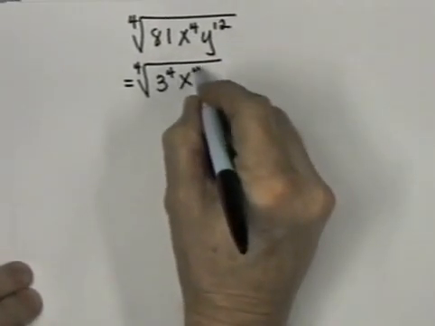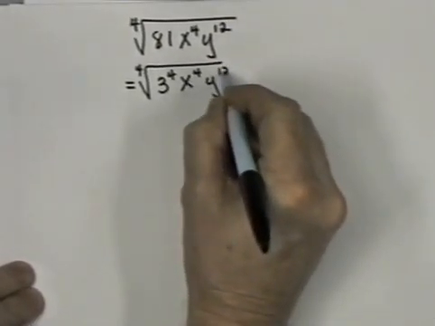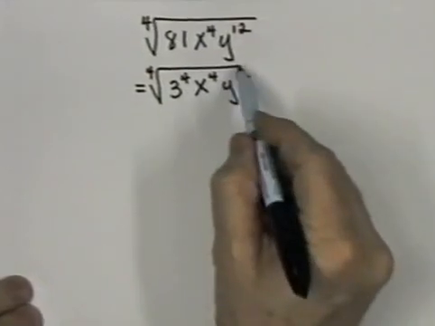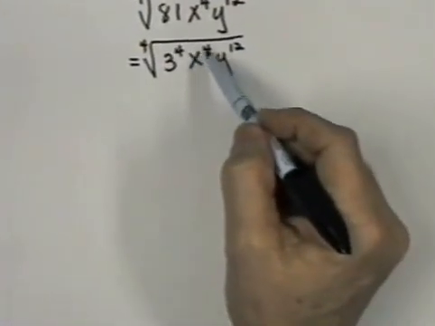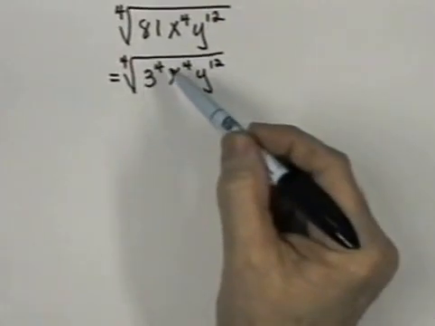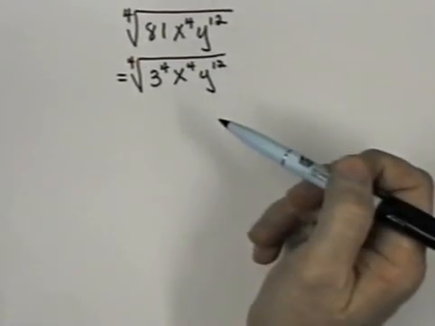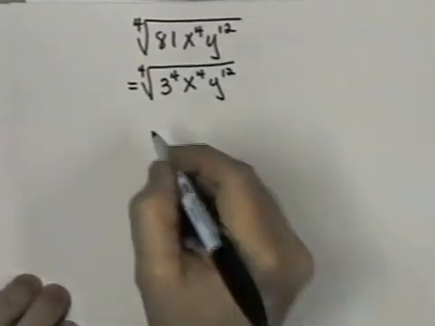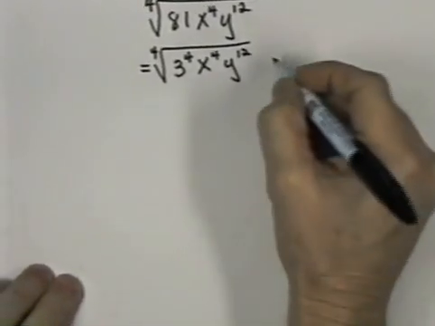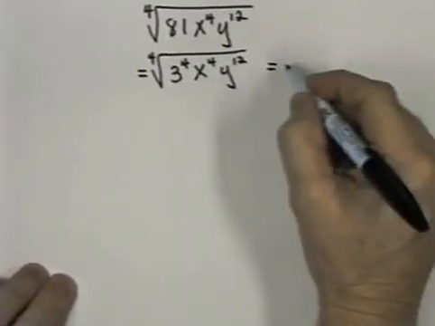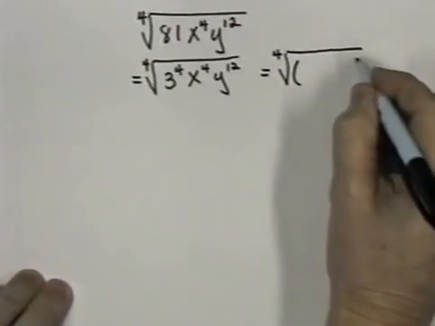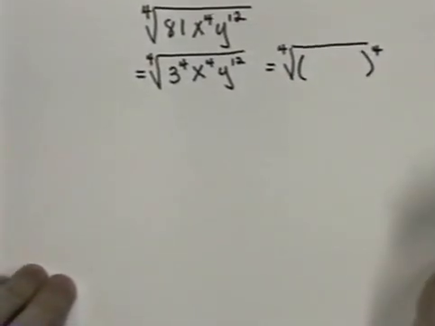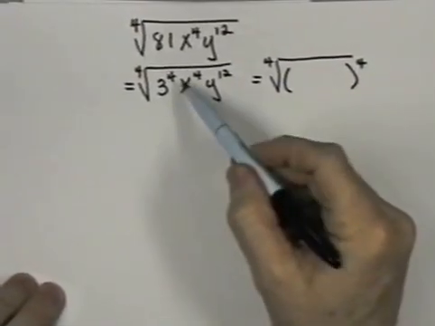So here we have a radical in which every factor in that radical is a perfect 4th power. Now we could emphasize this by, let me go off to the side here, writing it as quantity to the 4th power. Couldn't we?